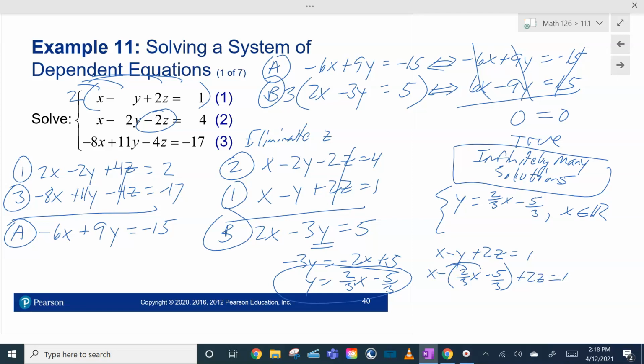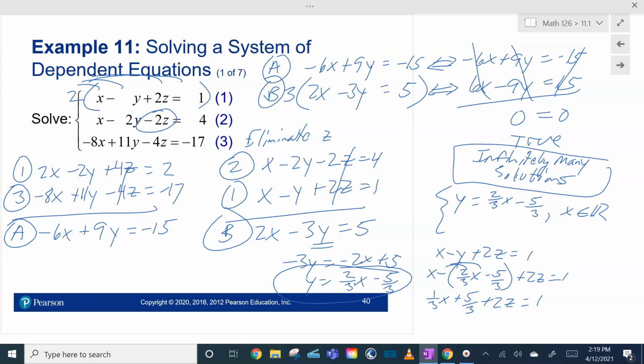So I got x minus 2/3 x. So that's 3/3 x minus 2/3 x, that's 1/3 x. And then negative times negative 5/3, plus 5/3, plus 2z equals 1. Subtract 5/3 on both sides, so that's 1 minus 5/3.